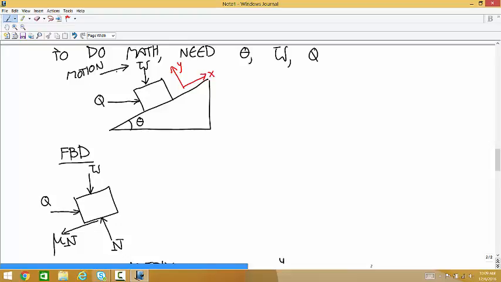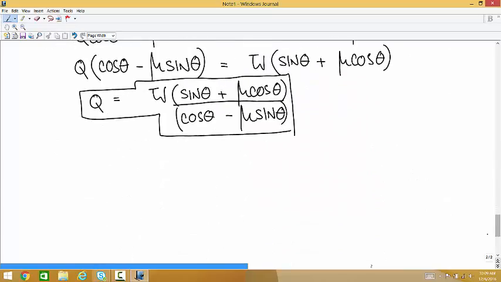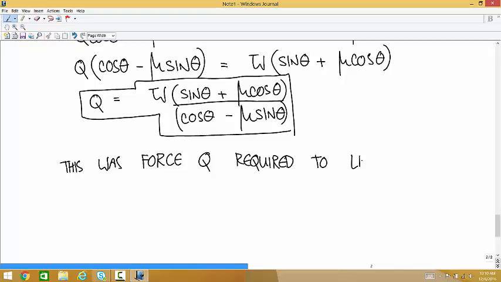We said that the motion has to be up the ramp, and so this friction force is down the ramp. Okay, this was the force Q required to lift the weight. And that showed up because the friction force was down the ramp.